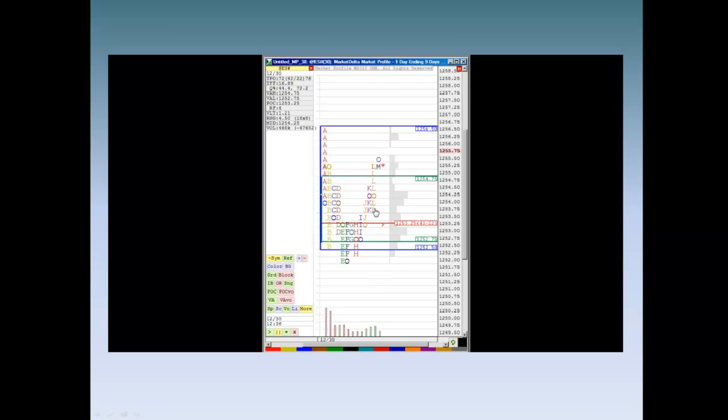Now, when the market determined that prices weren't in fact dropping and they came back to the point of control and started to rise, now they're going to head up to test the top range of the value area. This is the negotiation process that I was describing to you earlier. Prices keep going back and forth trying to establish where the value is and what's happening at the extremes.